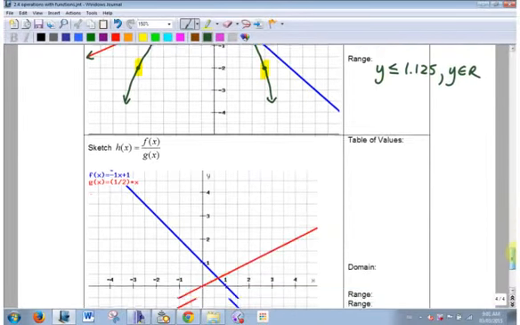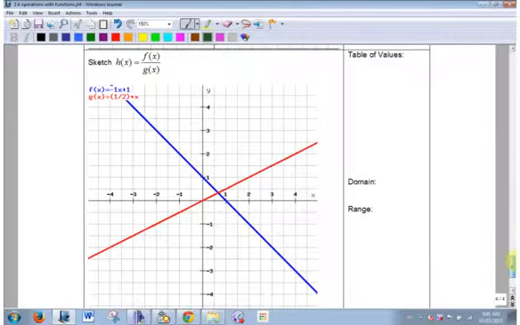All right, last one. Think it'll be the hardest? F of x divided by g of x. That's it.